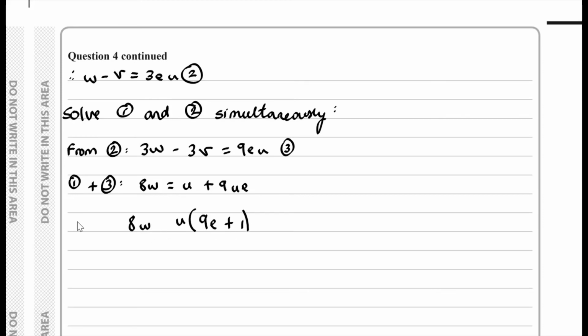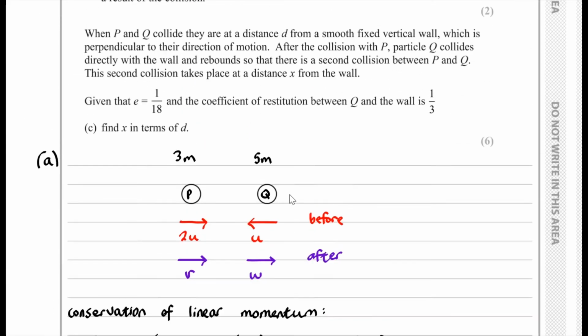So 8w is equal to u lots of 9e plus 1, and therefore you'd find w to equal u over 8. If we neaten this up, we have u over 8 lots of 9e plus 1. We'll call this equation 4. I think that's all we wanted to show.